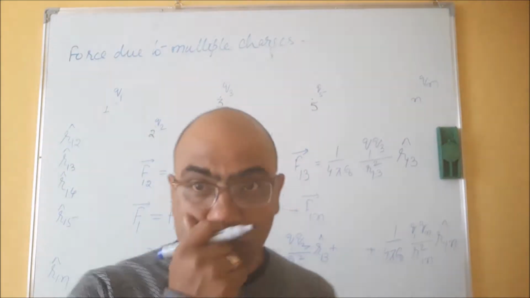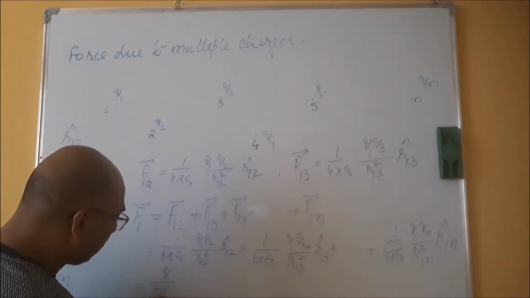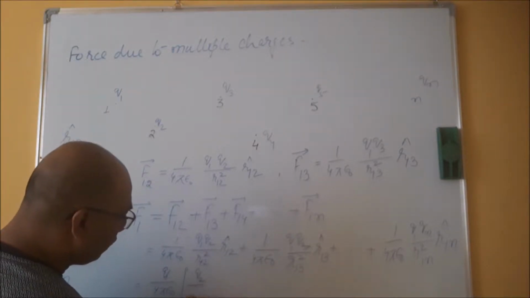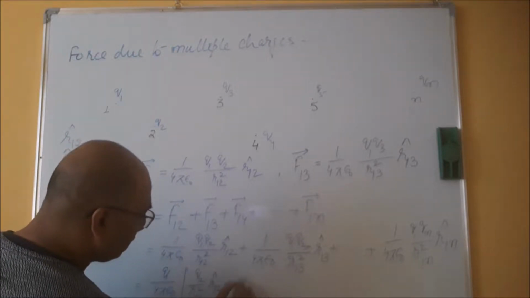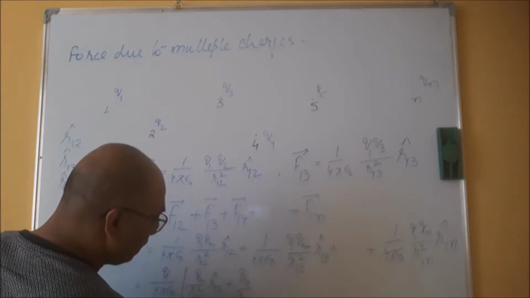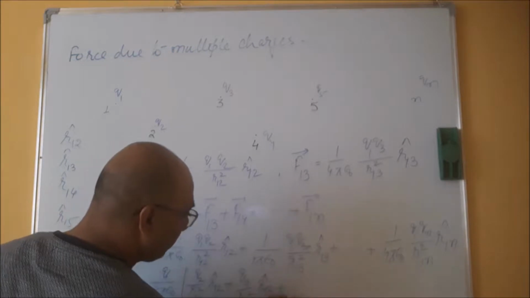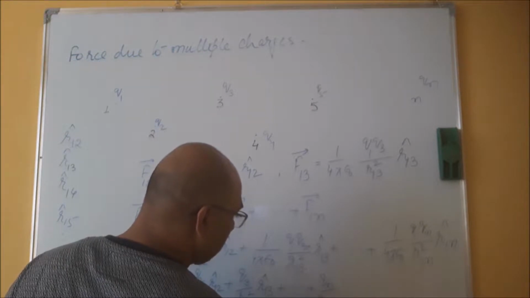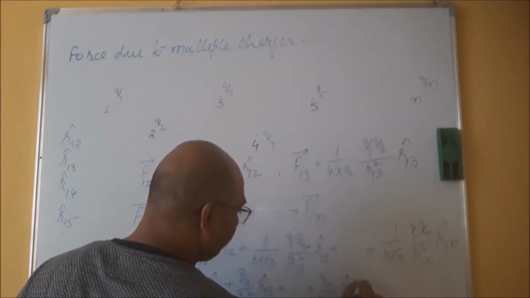So since it is common, I can take it outside: q1 upon 4 pi epsilon naught, and inside I can write q2 upon r12 square r12 cap, q3 upon r13 square r13 cap, similarly, last is qn upon r1n square r1n cap.